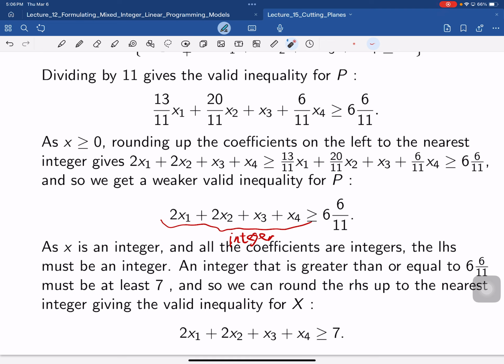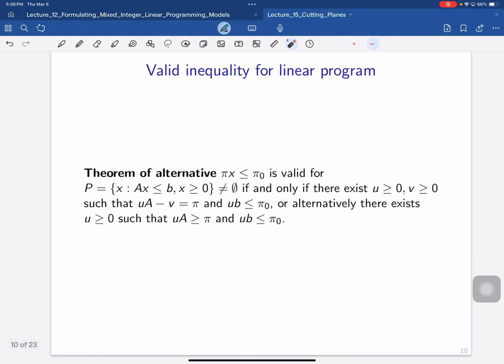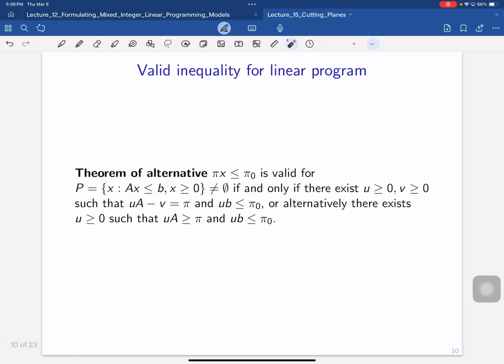Now, you don't need to know any sophisticated math to follow this. It's just using the fact all the x are integer. If the left-hand side is fractional, you can round up the left-hand side and round up the right-hand side. Now, how do you derive valid inequalities in general for integer programs?